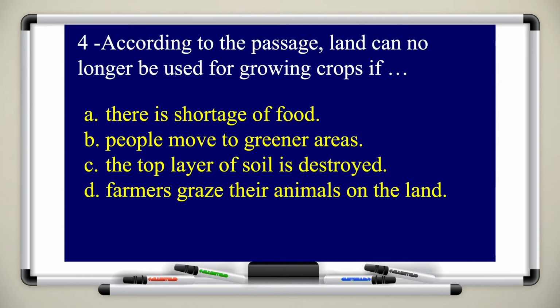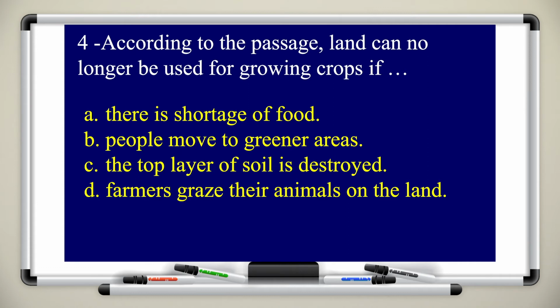Question 4. According to the passage, land can no longer be used for growing crops if. Is it A, there is shortage of food? B, people move to greener areas? C, the top layer of soil is destroyed? D, farmers graze their animals on the land? Let's take a look at this question again.